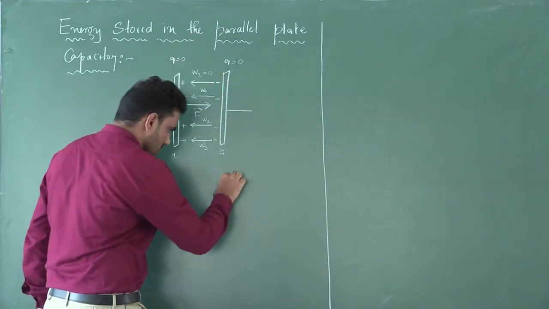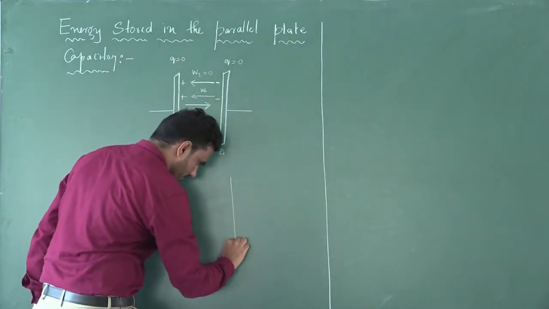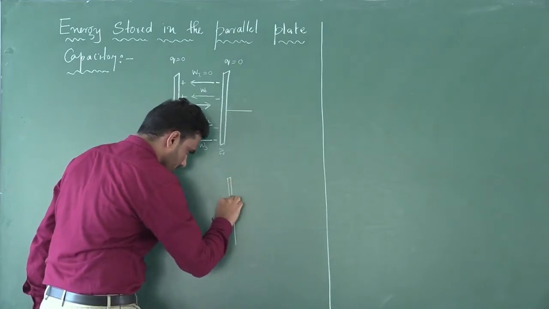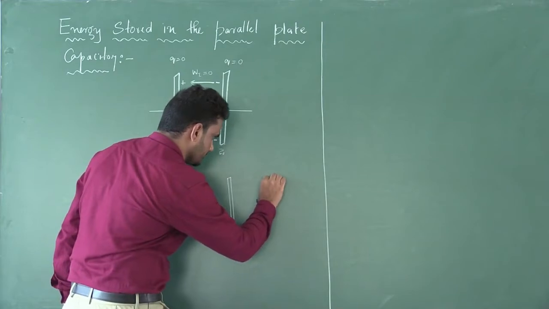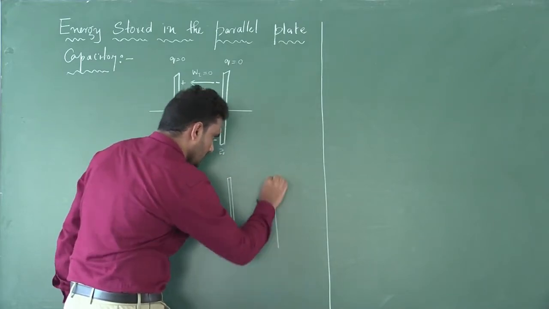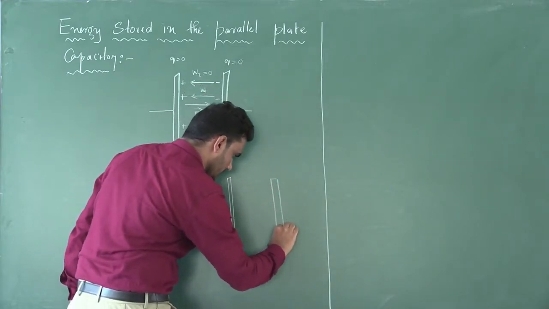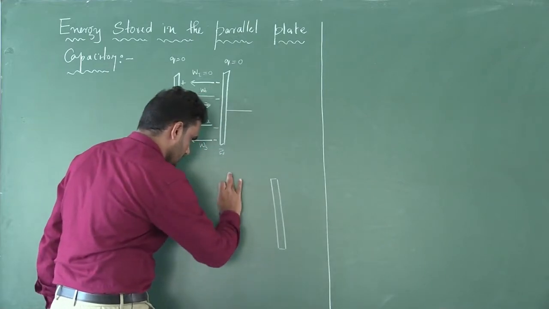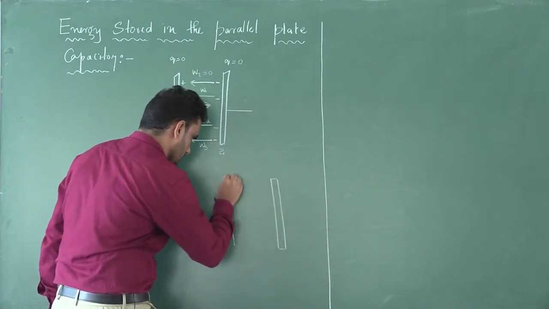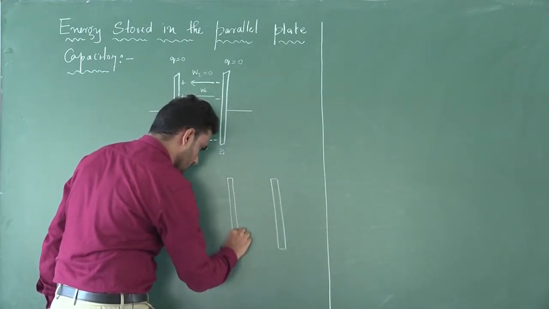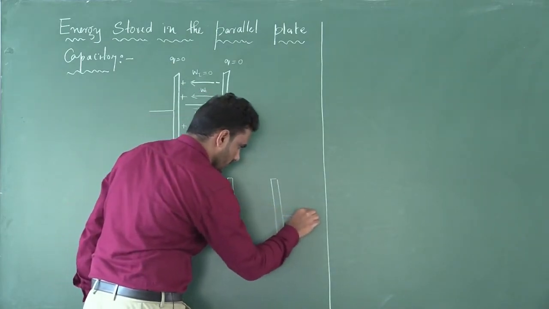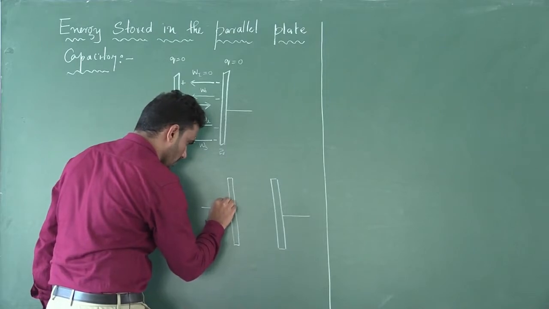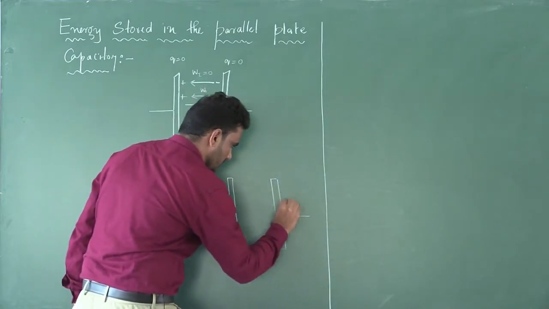Now I will use the same diagram. Two metal plates, which are parallel to each other. We shall call them plate number 1 and plate number 2.